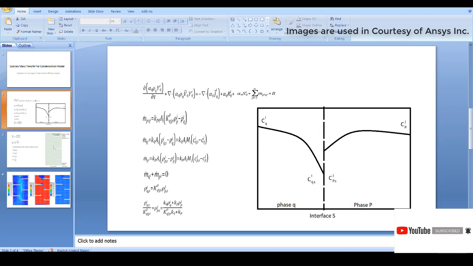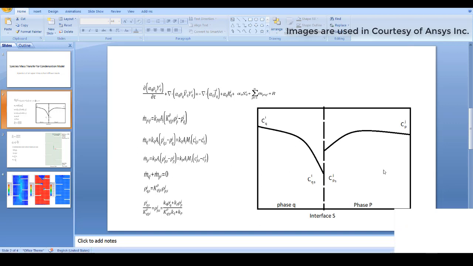So here m dot qi is the mass transfer occurring at the interface, from one side of the interface of the phase to the species of the other phase. That can be written as K_q, the mass transfer or volumetric constant on one side.